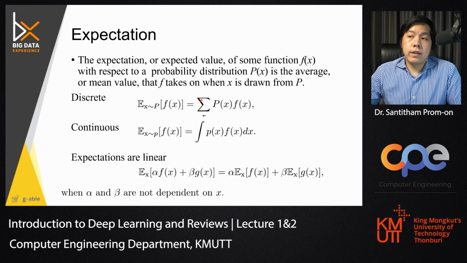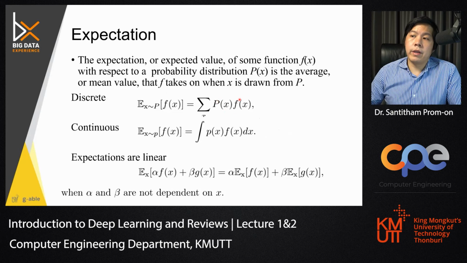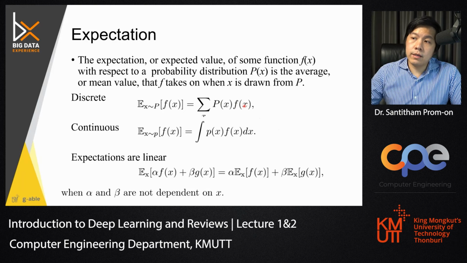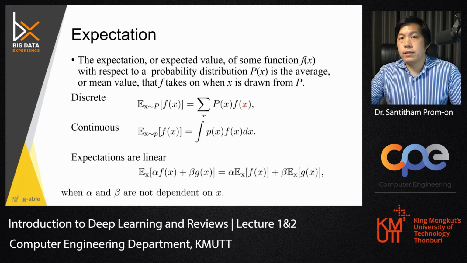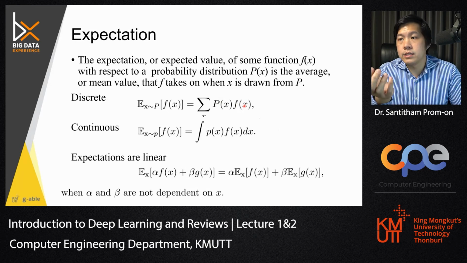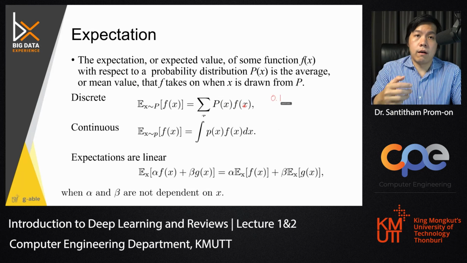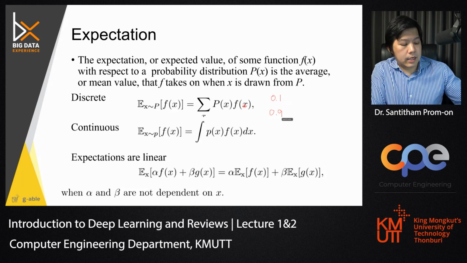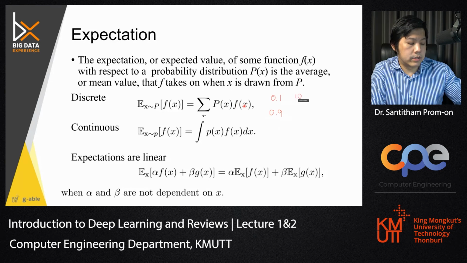Now, if we talk about the expected value at the order of 2, this is the variance. You can think of expected value as measuring something like the centrality of the distribution. Because you are multiplying the chance of the thing happening with the value, you get an estimate of the mean of the distribution. Like if you have a chance that a customer would buy of 0.1, and not buy of 0.9.